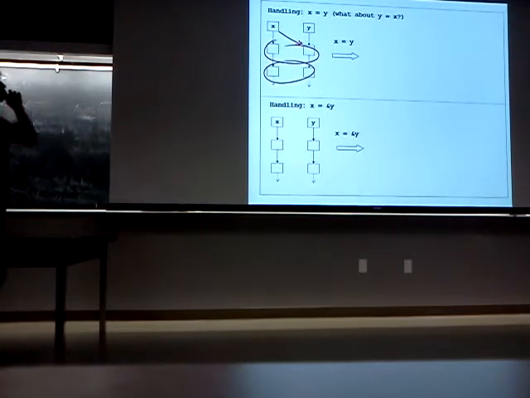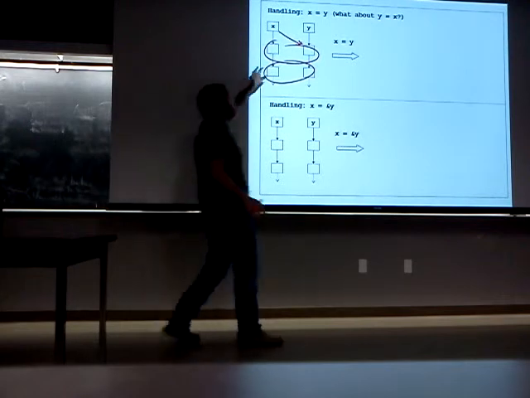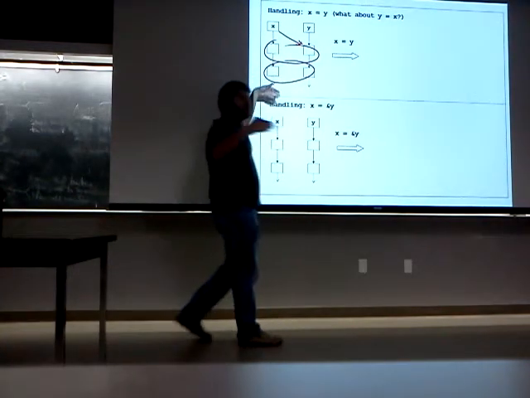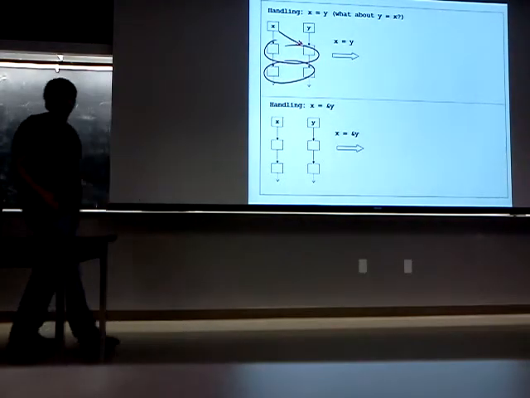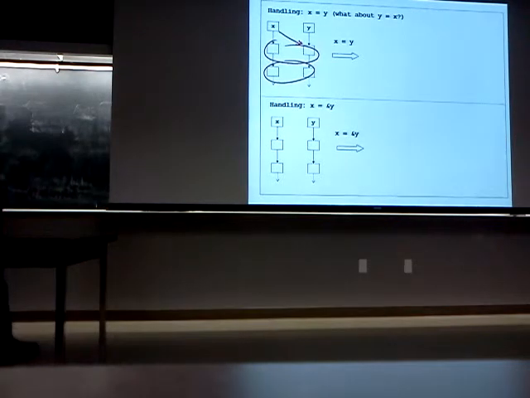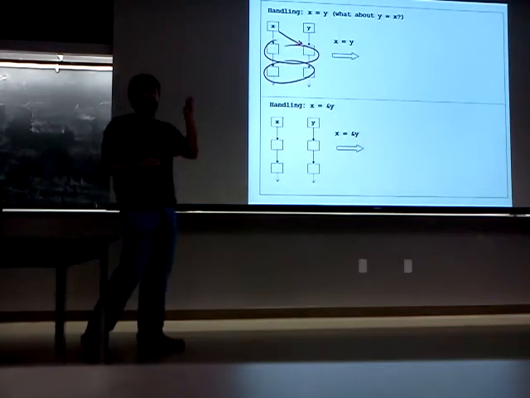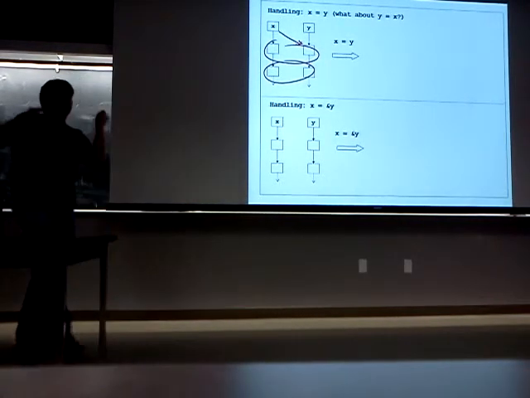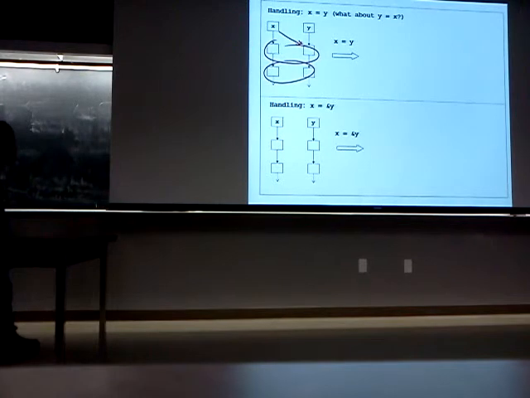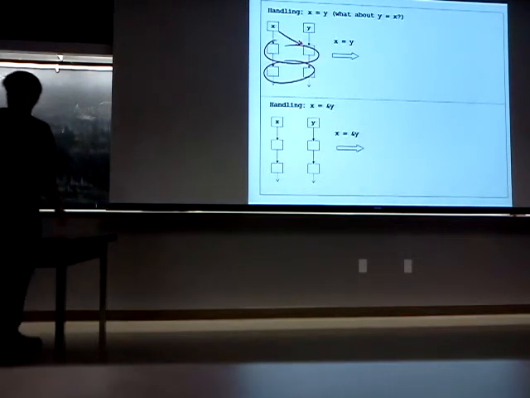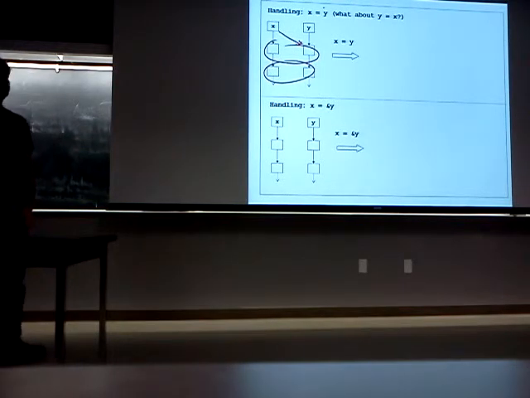In the end you merge the exact same nodes, and x and y both point to that thing. Notice how x equals y and y equals x do exactly the same thing. It means that when you do x equals y, you lose the directionality. Remember before, we didn't lose the directionality. When we did x equals y, whatever y pointed to, x pointed to, but you didn't have the contamination the other way around. If x pointed to something, it wouldn't force y to point to those things.